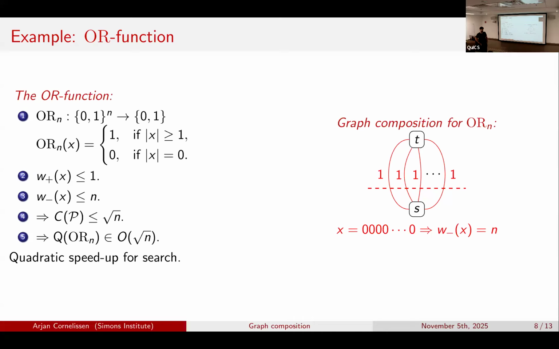I guess this example already shows what you were saying. The reason the square root comes up is somewhat black box in the definition of C. The complexity was defined as the square root of the maximum positive witness size times the maximum negative witness size. We didn't deeply motivate that definition in this talk, but it is deeply motivated by what the quantum algorithm needs.